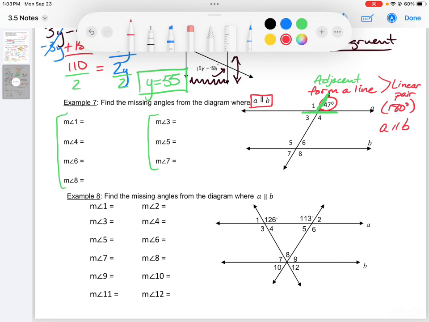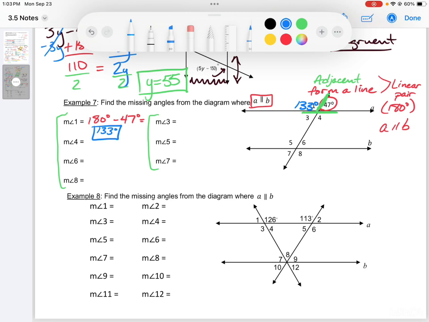And they add up to 180 degrees because they are supplementary. So for angle 1, I would have 180 minus 47, and that equals 133. And that's the angle, 133 degrees.